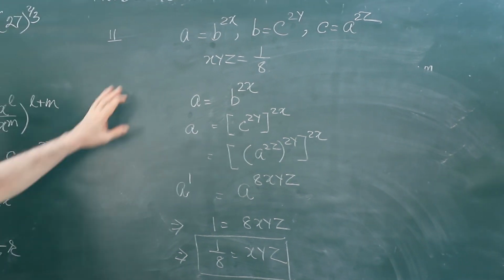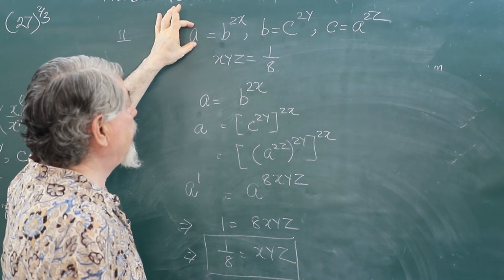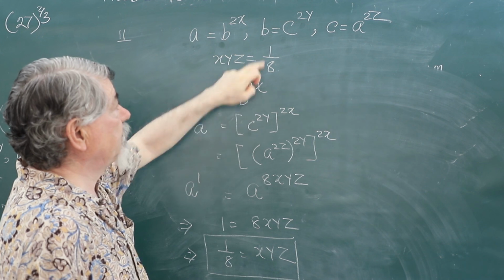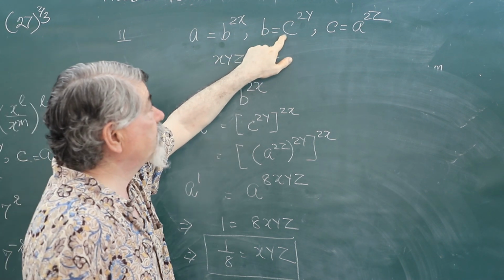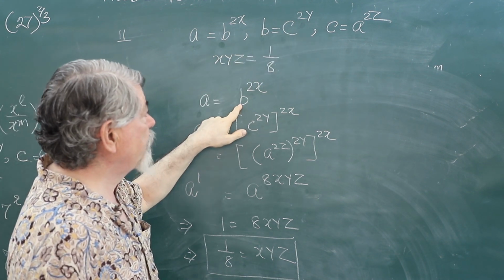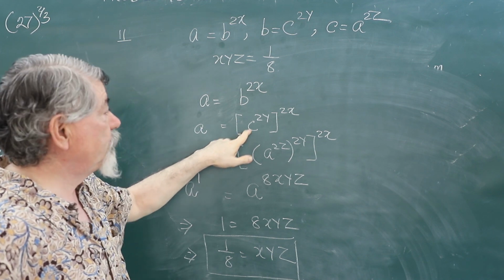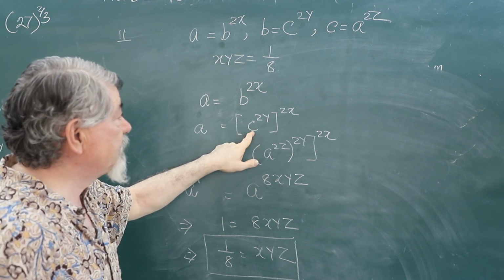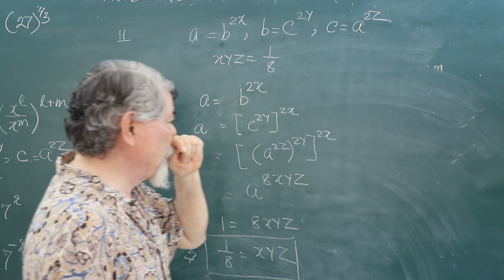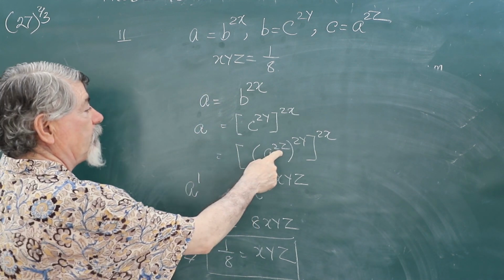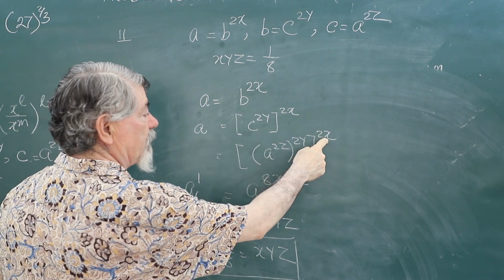You can clearly see what we have done. It's very simple. a is equal to b to the power 2x. In place of b, put c to the power 2y. We replace b by c to the power 2y, then we replace c by a to the power 2z. So we get a to the power 2z to the power 2y to the power 2x.